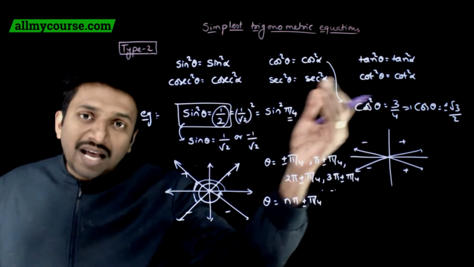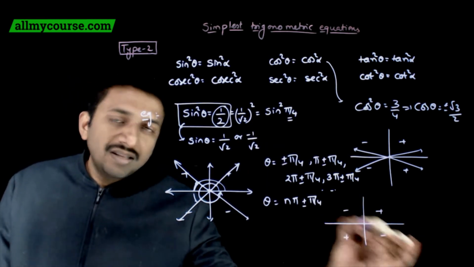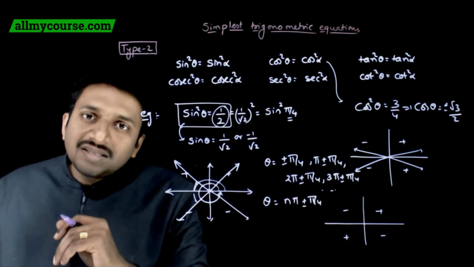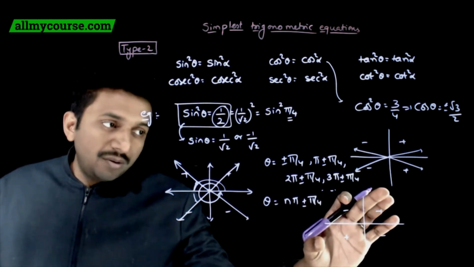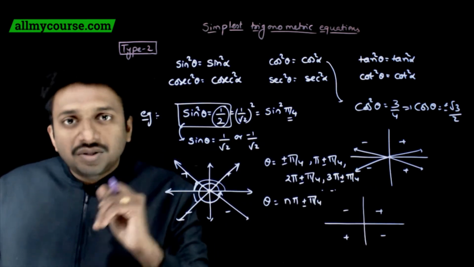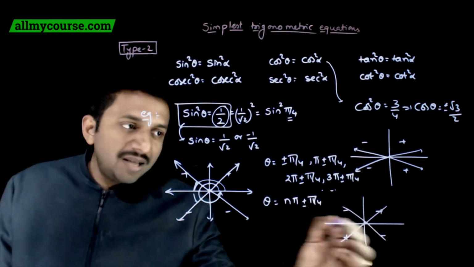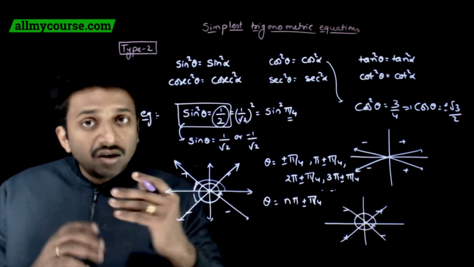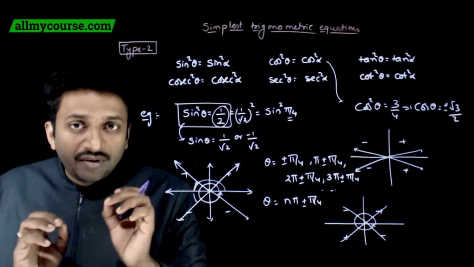And similarly for tan also. So tan is positive in the first and third quadrants, negative in the second and fourth quadrants. Corresponding to tan theta is equal to positive square root, you get roots in these two quadrants. Negative square root, you get roots in these two quadrants. So here also the quadrant diagram looks exactly same. That means in one rotation you're getting 4 solutions. In type 1 you have got only 2 solutions per revolution.